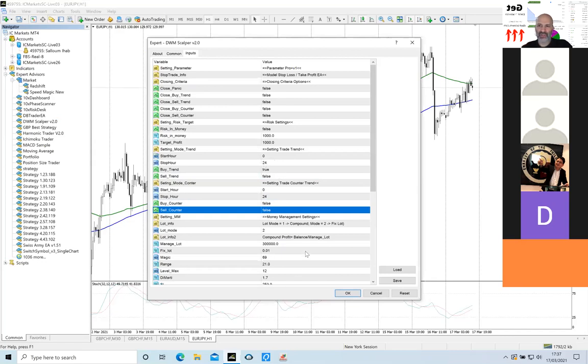Did I answer your question? A bit quickly, but yes. If the sentiment is sell, then we want to buy. If the sentiment is buy, then you will have sell trend true, and buy false, and we don't want counter, so false, false.